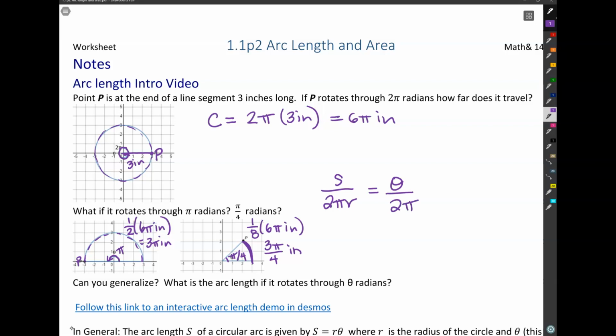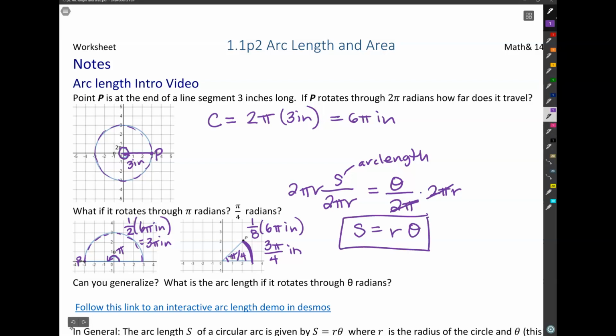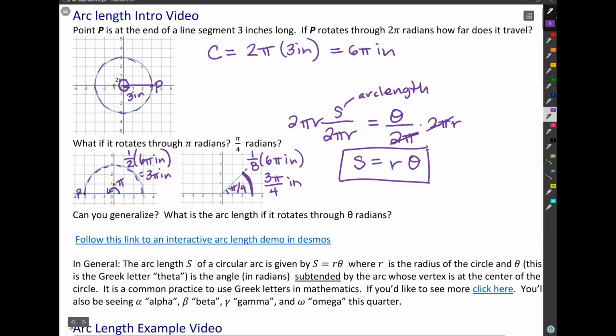And if we want a formula for arc length, where s is our typical arc length variable, we're just going to solve for s, so we multiply both sides by 2 pi r. My r's always look funny no matter what I do. So s, we can cancel out the 2 pi, is theta multiplied by r, or more typically you'll see it s equals r theta. This is your arc length formula that we're going to be using.